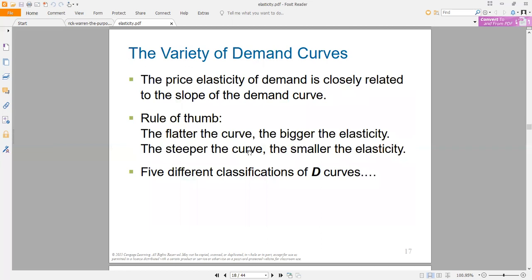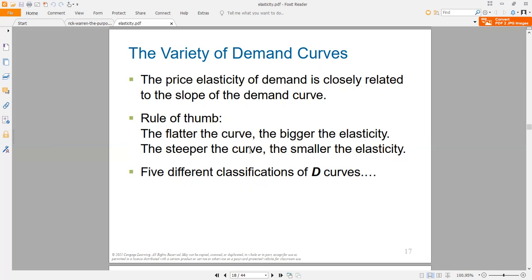So demand becomes inelastic. But as the demand curve becomes flatter, the elasticity becomes bigger. So we have higher price elasticity of demand on flatter demand curves, but lower elasticity of demand on steeper demand curves.